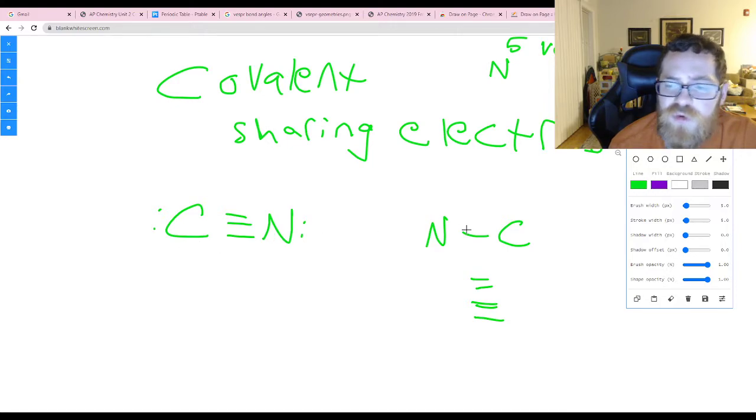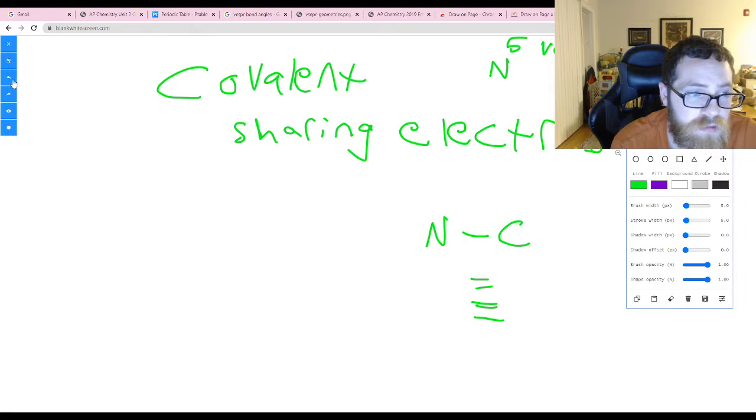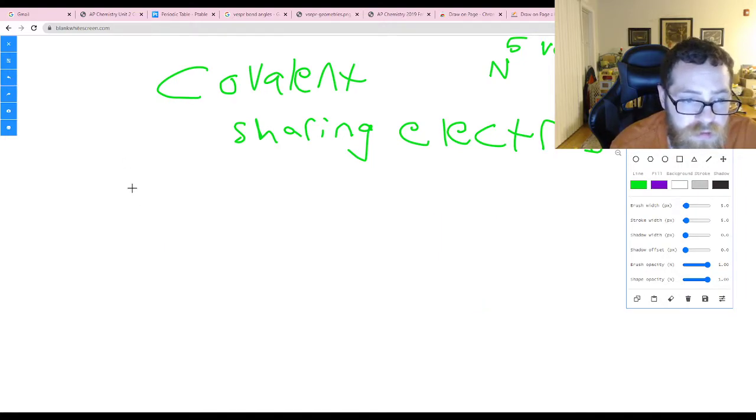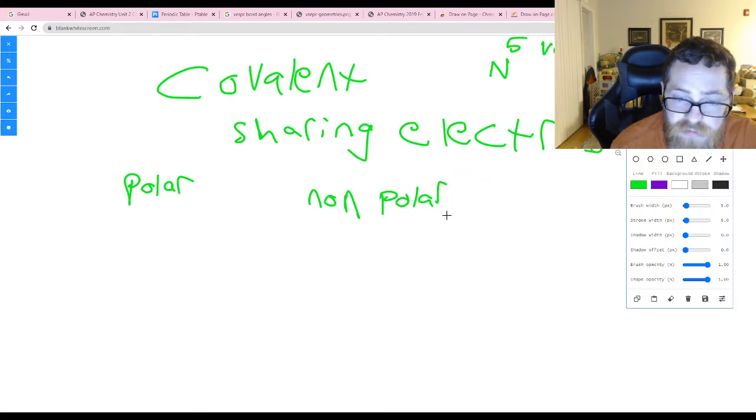There are 2 types of covalent bonds, though. We have polar and non-polar covalent bonds.